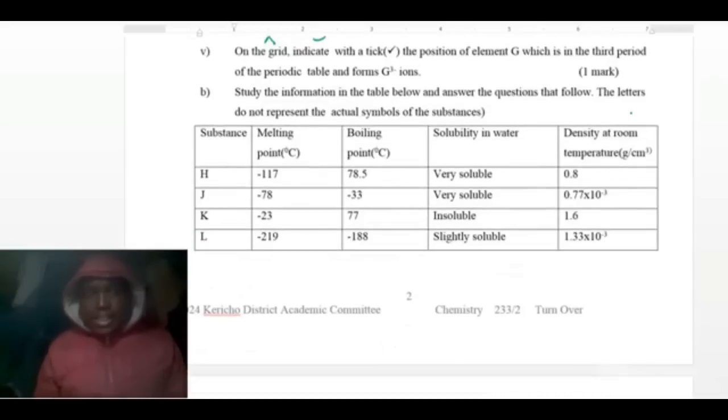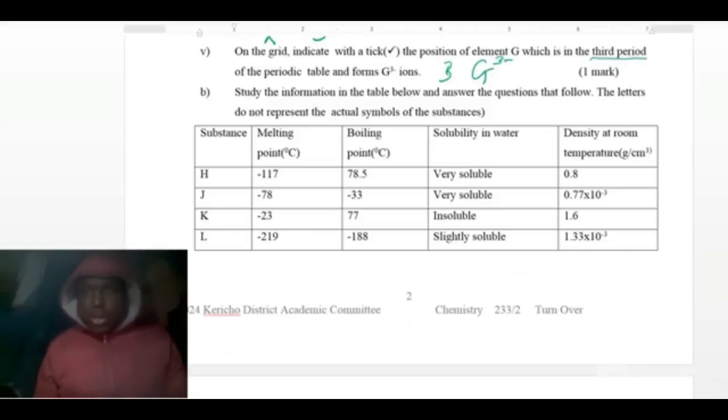On the grid, indicate with a tick the position of element G, which is in the third period of the table, and G forms an ion with a charge of -3.